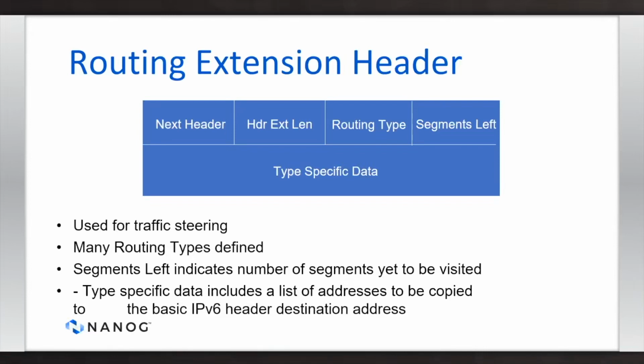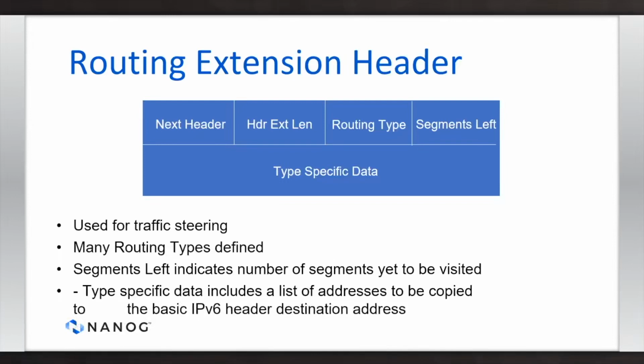It comes after the hop by hop, after a destination, if there are destination options to be processed at each hop, but before all the others. It has a next header, a header extension length, which is calculated the same way as all the others. So this can be a very long extension header. A routing type, and there are maybe 3 or 4, maybe 5 different routing types.